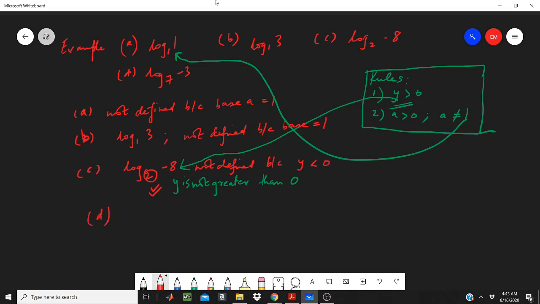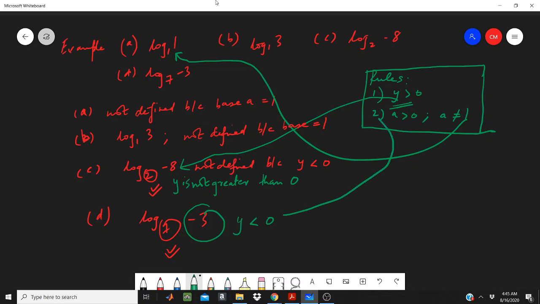And d, same reason. Base is fine, oh sorry, base is 7, still greater than 0, but minus 3, big problem here. y less than 0, that's a problem.